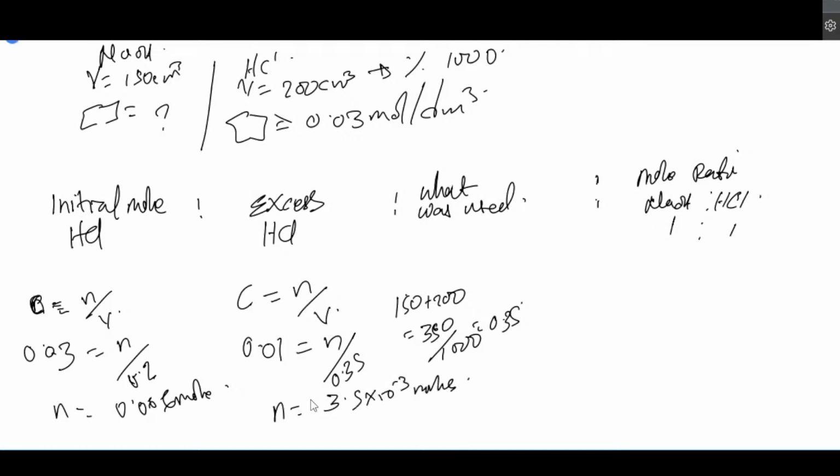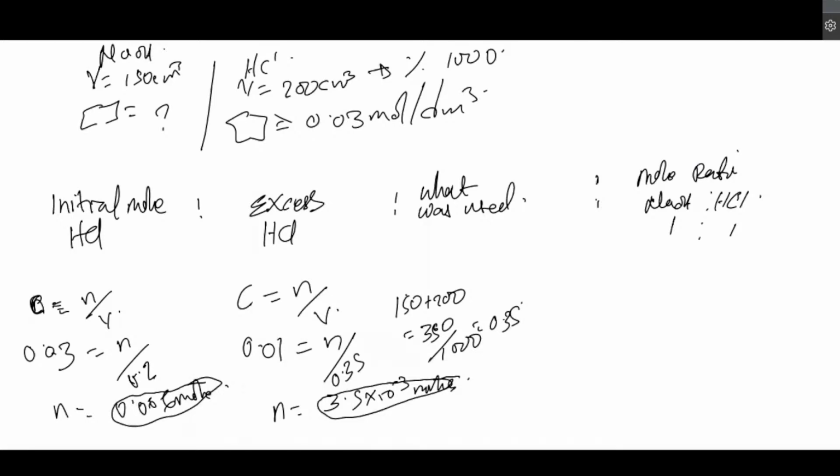So now I found the initial, cool. I found the excess, cool. Now if I subtract this from this, I'll be able to find what is used.